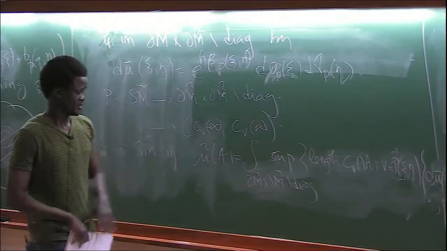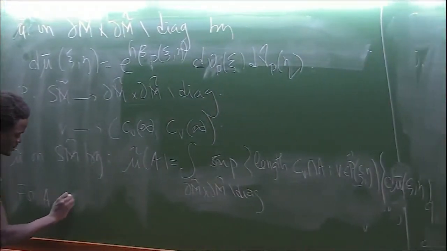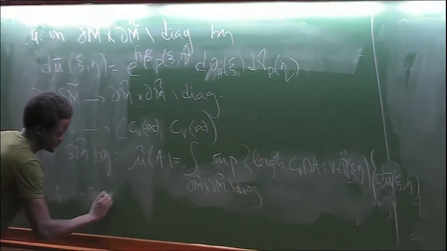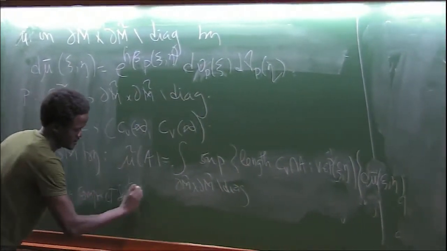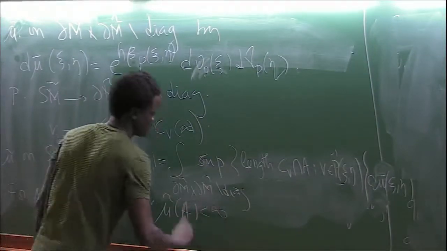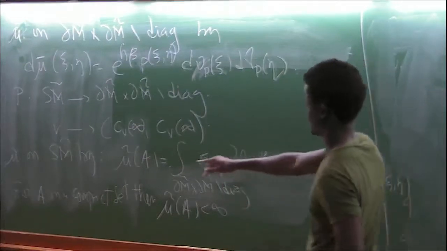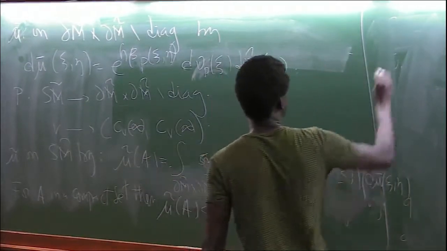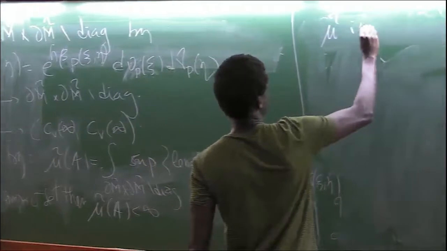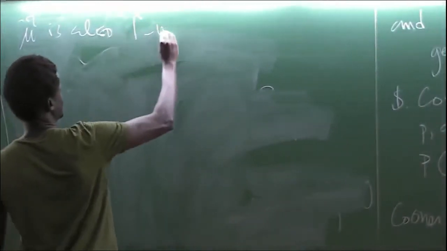And if you take A in a compact set, then mu tilde of A is finite. And it's also easy to prove that mu tilde is gamma invariant.